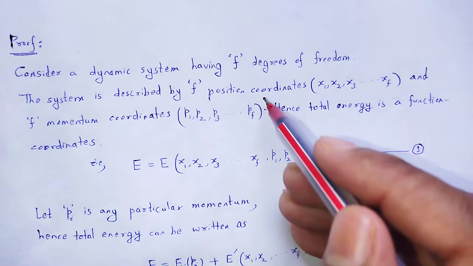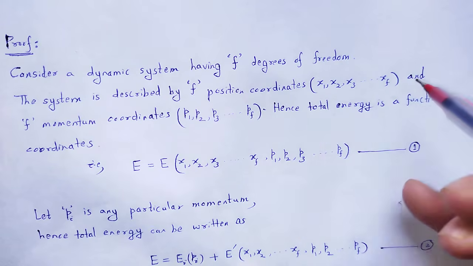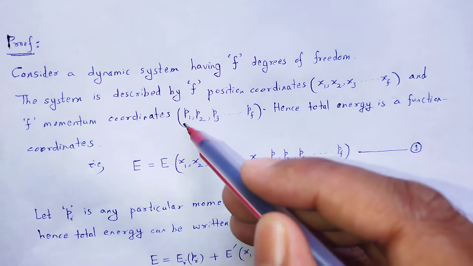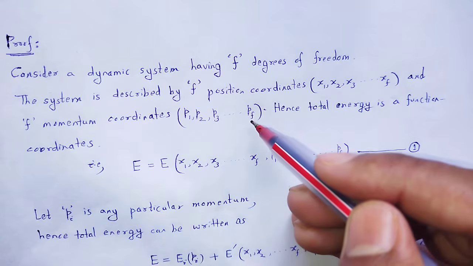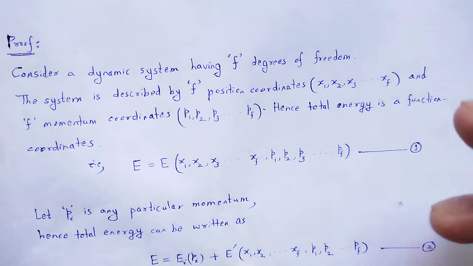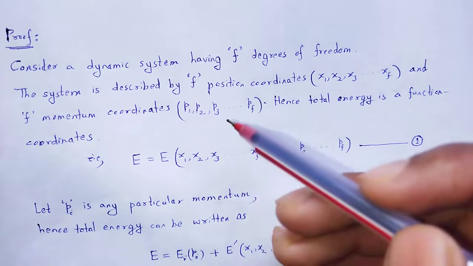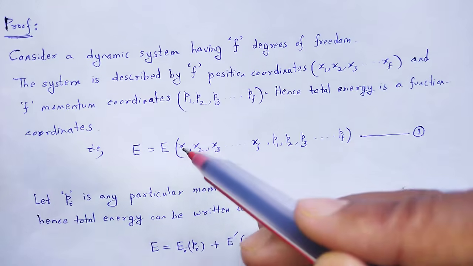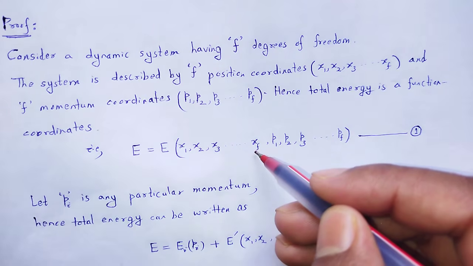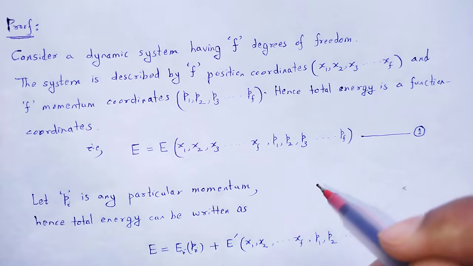Let the f position coordinates be x1, x2, x3 up to xf, and the f momentum coordinates be p1, p2, p3 up to pf. Hence the total energy is a function of position coordinates as well as momentum coordinates. So we write the total energy E as a function of the f position coordinates and f momentum coordinates.